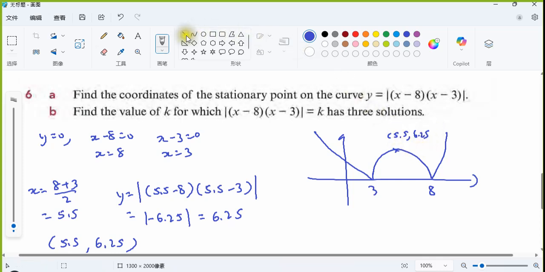So we have three solutions when k is at the maximum stationary point here, 6.25. Then we have 1, 2, 3, three solutions. So when k is equal to 6.25. Okay, done.